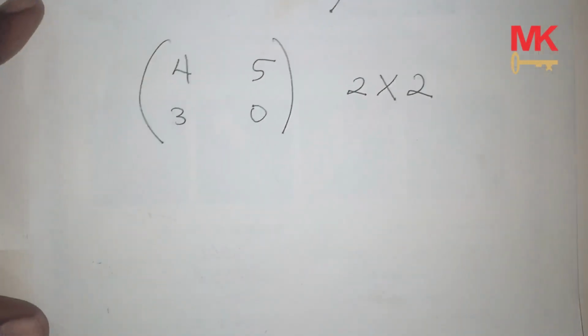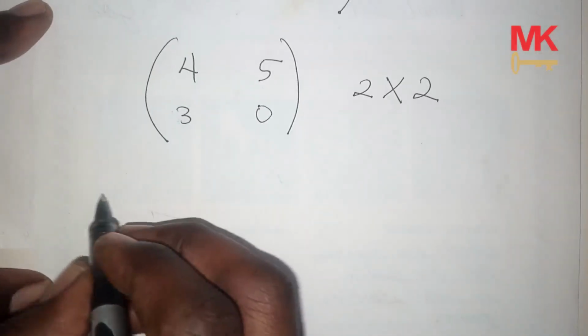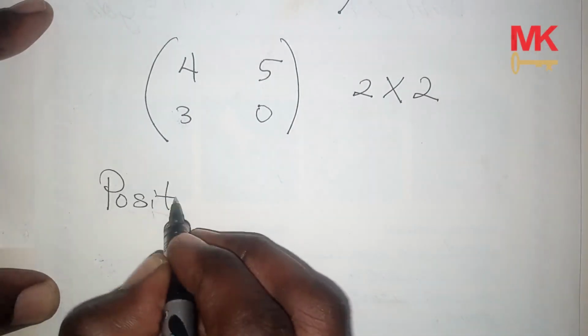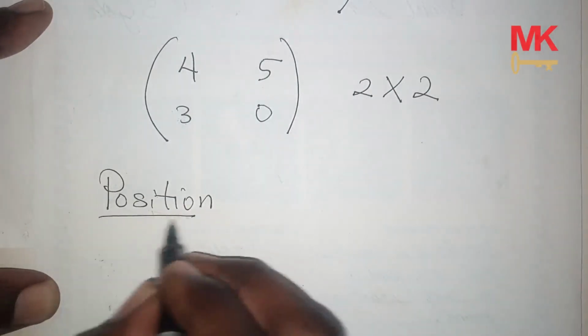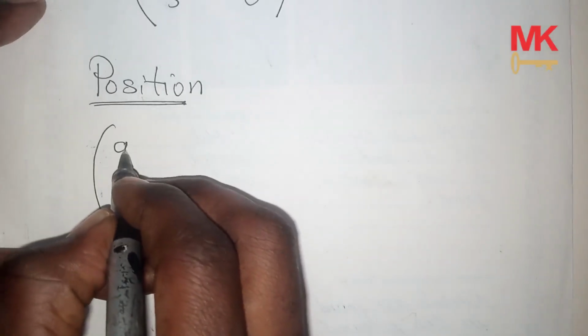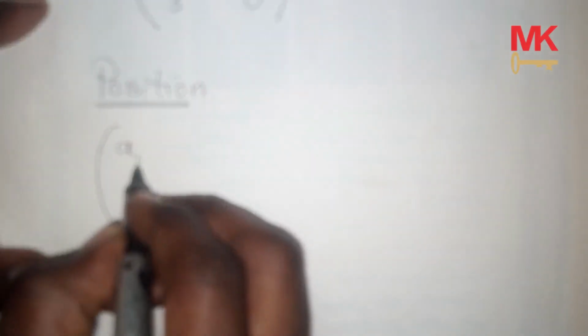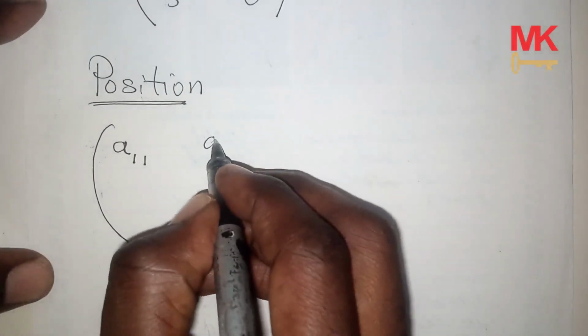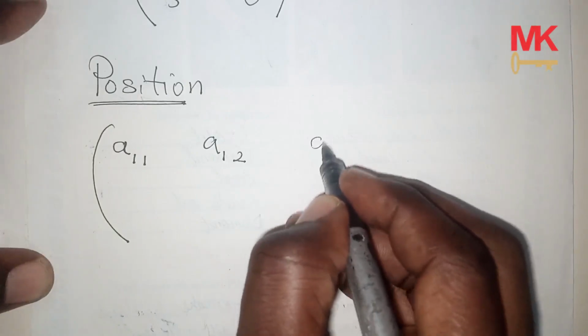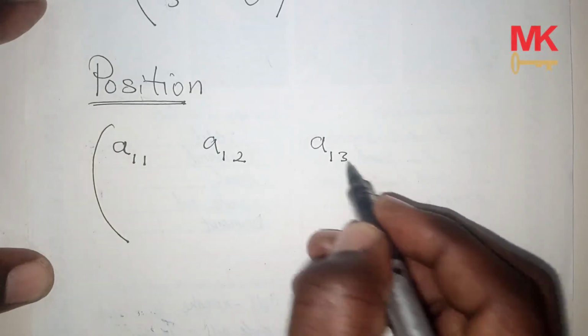Now I want to talk about how to identify an element by position in a matrix. Very important. Let's say we have an unknown matrix such that the first element is represented by A11, the second element is A12, and the third one is A13.